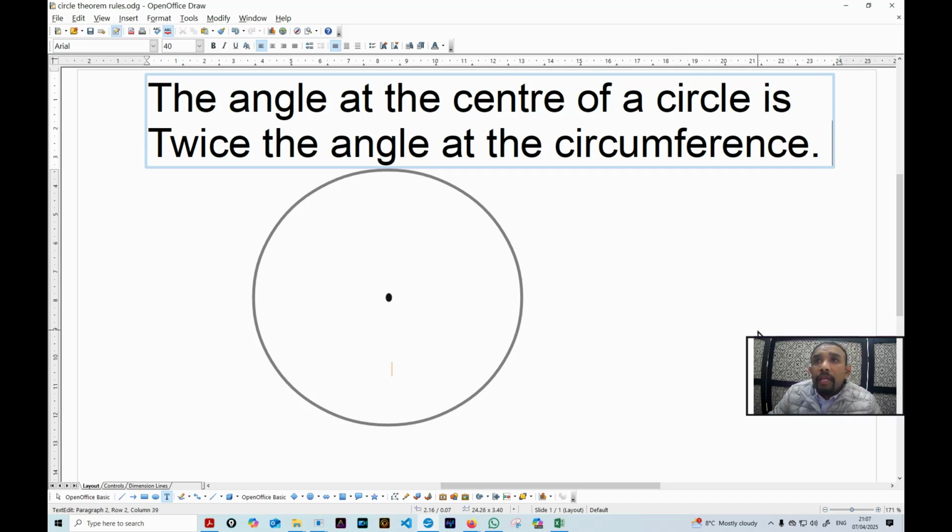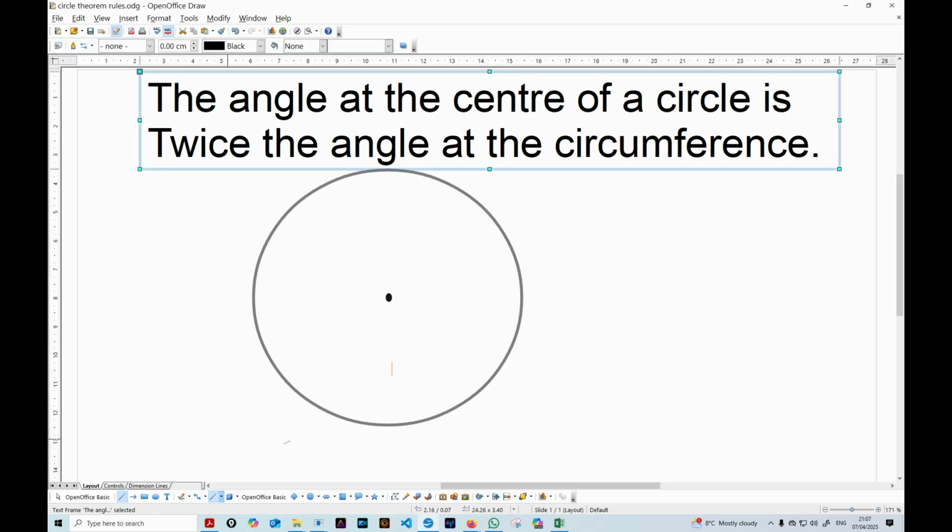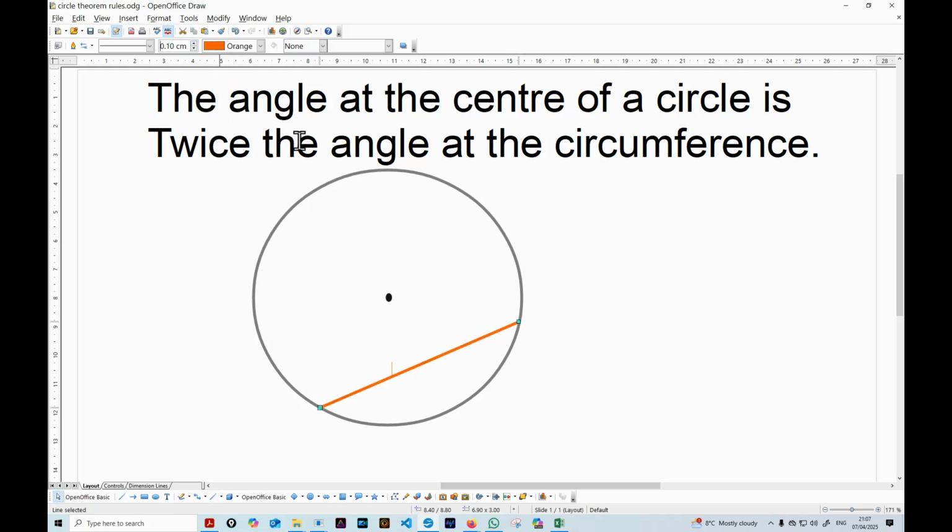So let me explain the rule now. Let me have 2 points, a chord. That is my chord. The chord has 2 endpoints, point number 1 and point number 2.